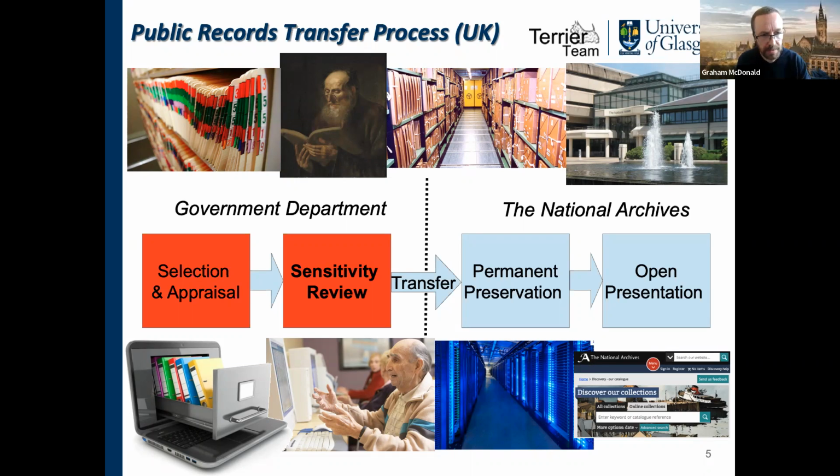So it's much easier for users, but much more difficult for the reviewers to actually do the sensitivity review and find the documents that relate to each other and what sensitivities might be. And it's much easier for users to come and search the documents and find any potential sensitivities that may accidentally have been released. So our work focuses on this component of the transfer process, sensitivity review. And that's what I'm going to talk about in the rest of the presentation.